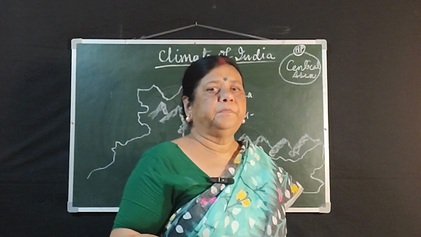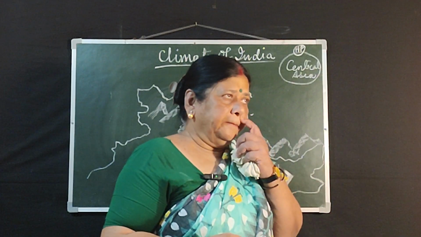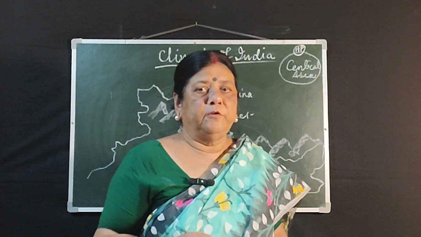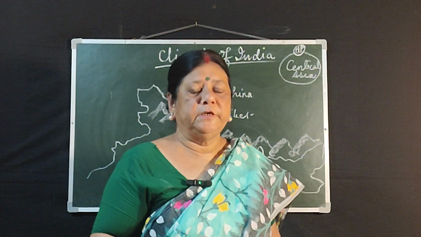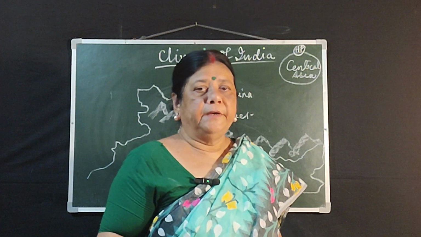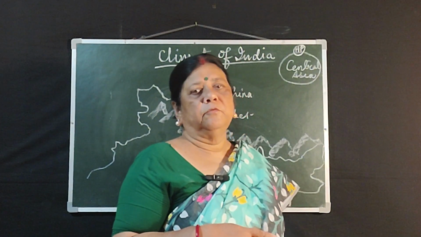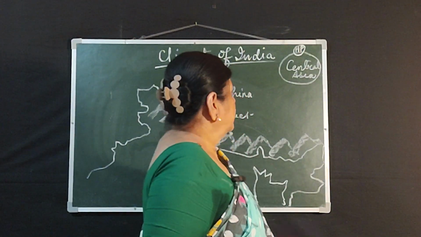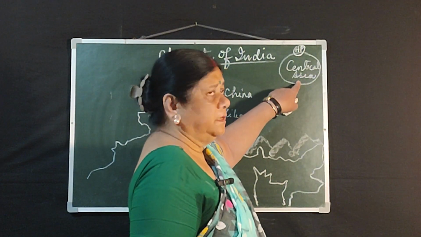of India. So you know that land and water are not equally heated or cooled. Land is heated faster than water, land is cooled faster than water. So here the land is becoming very cold.